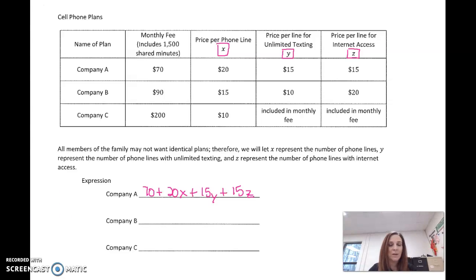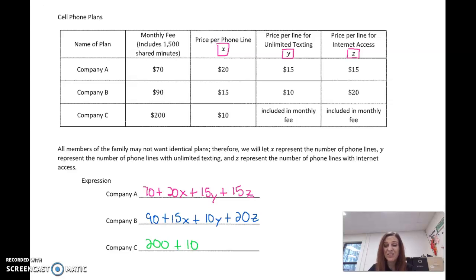Now, we have company B. You're going to pay $90 there, but the price per phone line is a little bit cheaper. And the price for text is a little bit cheaper, even though data is costing us a little bit more. Okay. And then company C. Now, company C, wow, you pay a big monthly fee.